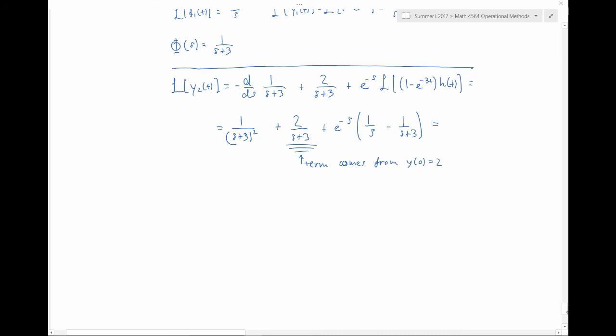Therefore, the forcing term must have come from the terms inside the parentheses. And this was a system transfer function.